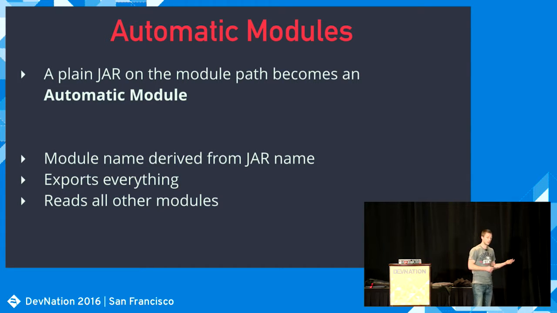So that will be the module name. That module will export everything. So it's doing very badly if you look at encapsulation because it's not actually doing any kind of encapsulation. But at least you can use it. And it will read all other modules. So if commons lang, for example, loads other types on a class path or on a module path, it can actually still do so because it reads all other modules.